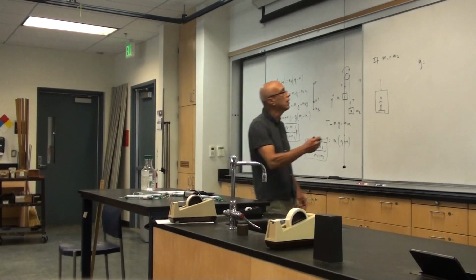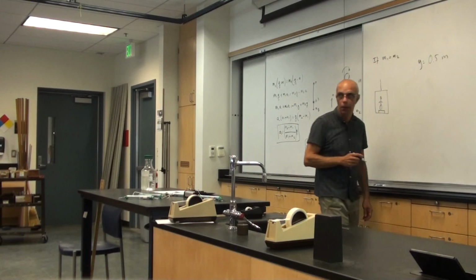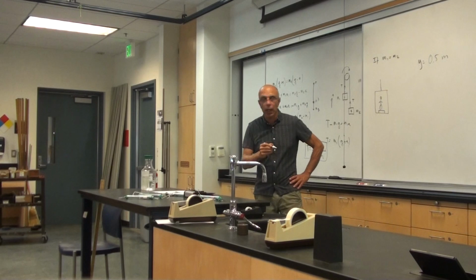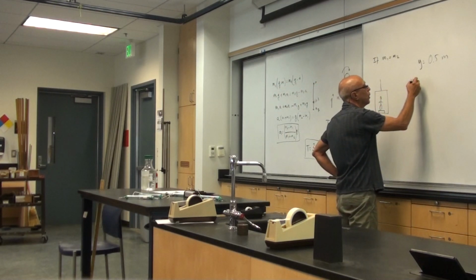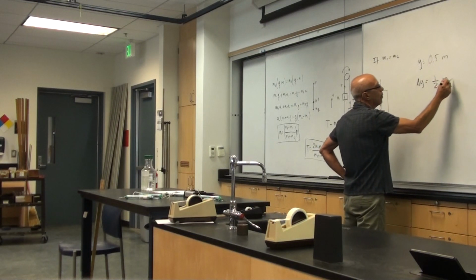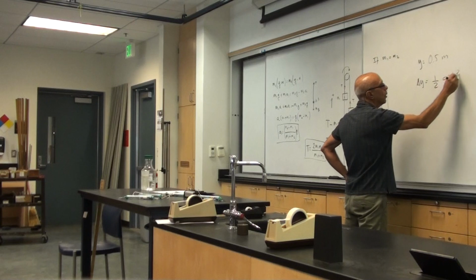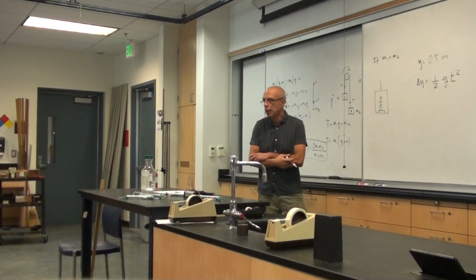So the height is half a meter, so it's 0.5 meters, okay? Which formula are we going to use? We can use delta y equals 1/2 g t squared, okay?